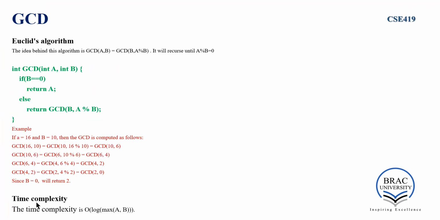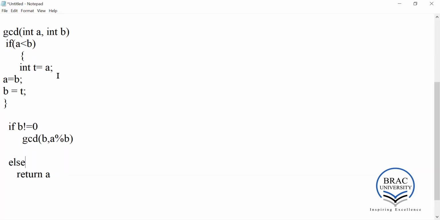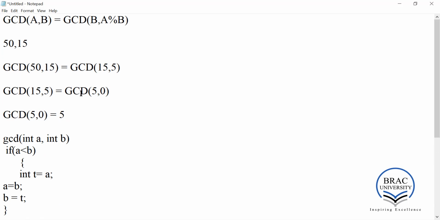Okay, so the time complexity is O(log max(a, b)). That means you are not going to iterate the whole loop, because in this case I just needed to run the code for only 3 times, right?